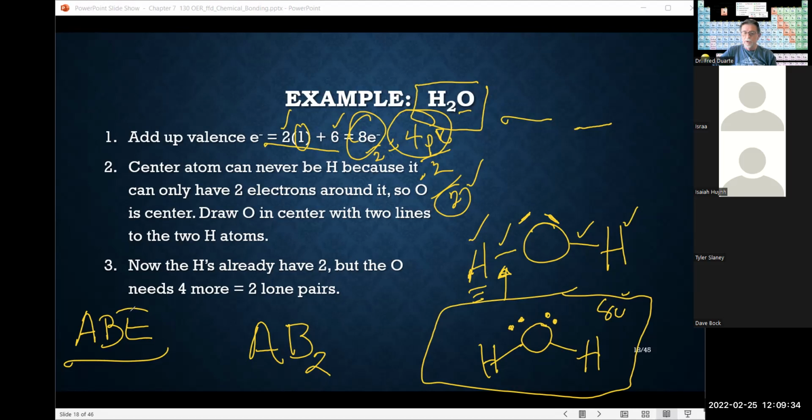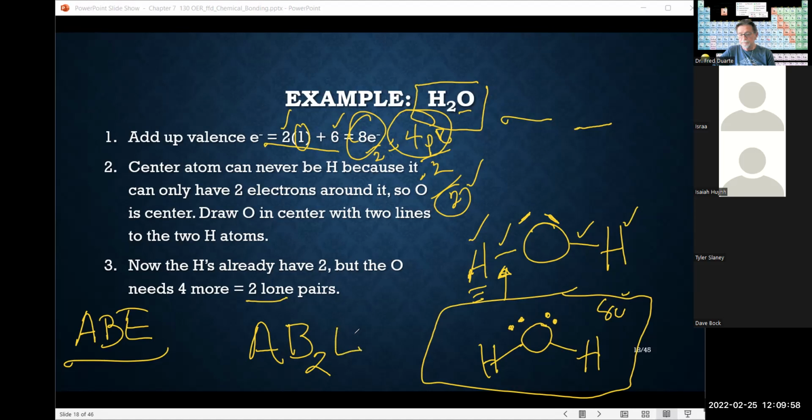E represents the number of lone pairs of electrons on the central atom. Now, you're going to have examples where there are lone pairs on what is bonded to the central atom. We don't care about those, only what is on the central atom. And what we did here, we identified 2 lone pairs.